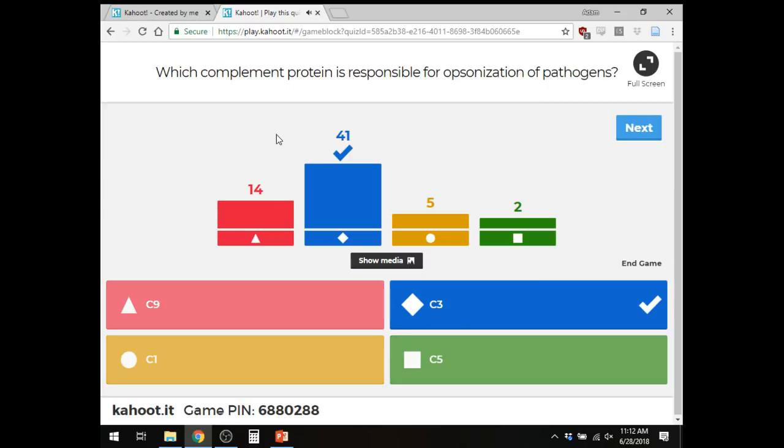Actually, C3, good. What's C9 and 5 doing? Destroying. Yeah, so 5 through 9 are going to help with that actual punching a hole in that bacteria, the pathogen, causing that lysis to occur there.